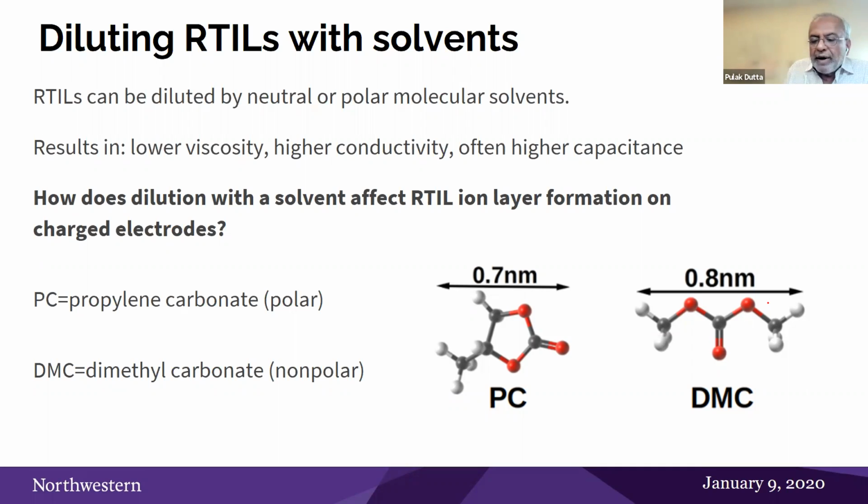What I'm talking about now is what happens to the crowded interface structure when you introduce solvents. Okay, so you're diluting them, you're separating the ions by whatever distance, depending on how many ions and how much of the solvent.